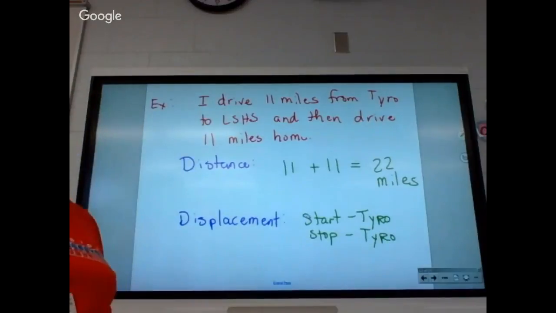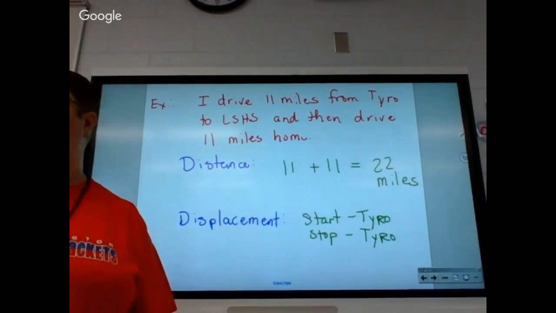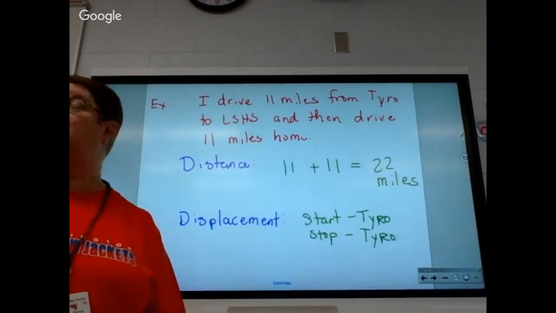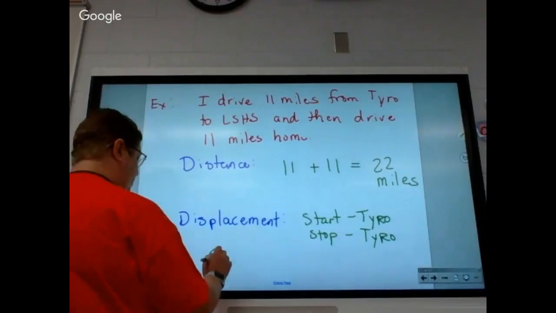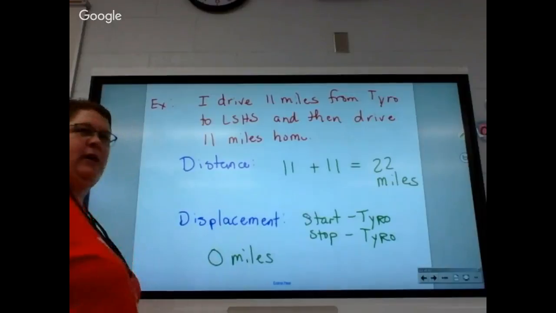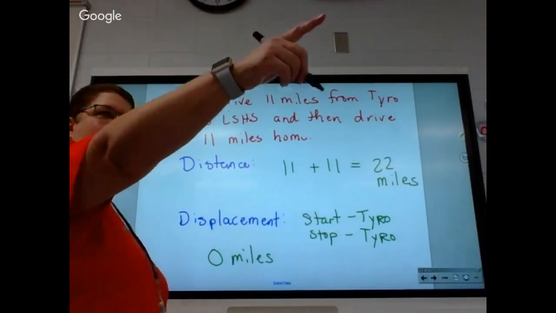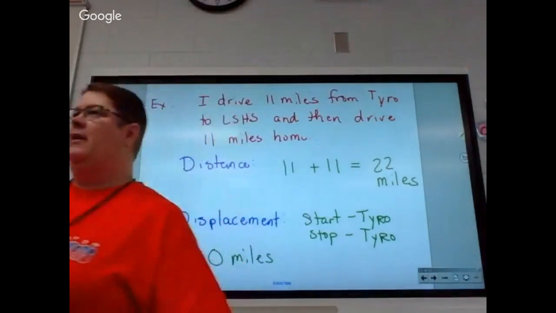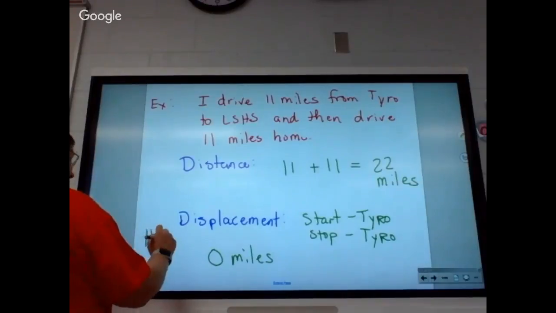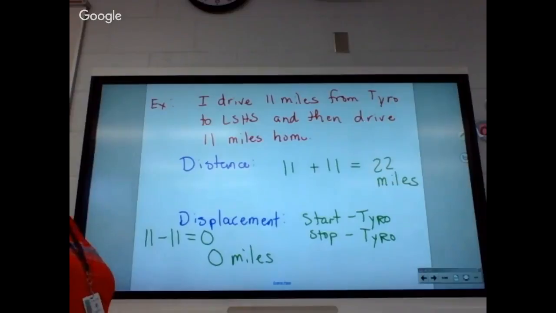I stop in Tyro. So what is my displacement? Nothing. My displacement is 0 miles because I went 11 miles to school and I turned around and did what? Went 11 miles back. So I essentially went 11 miles and 11 miles home, which is 0 miles.